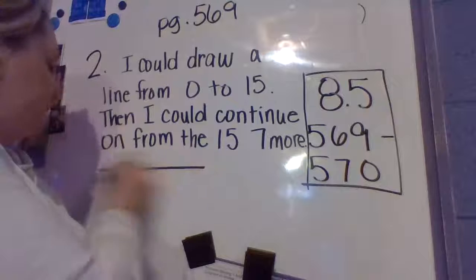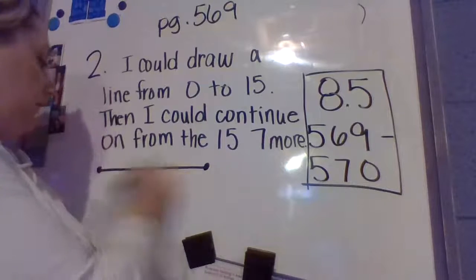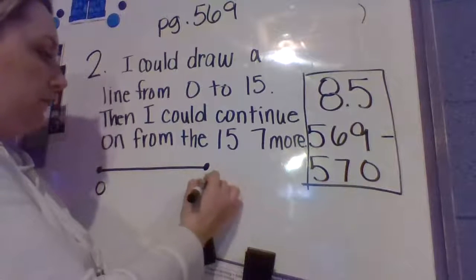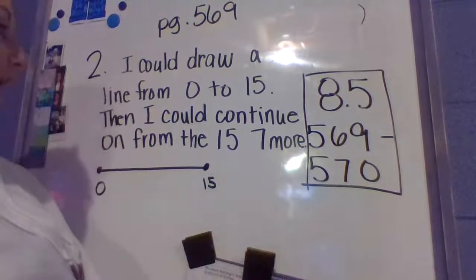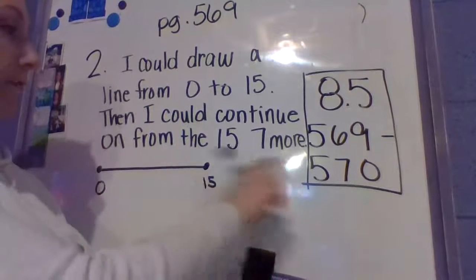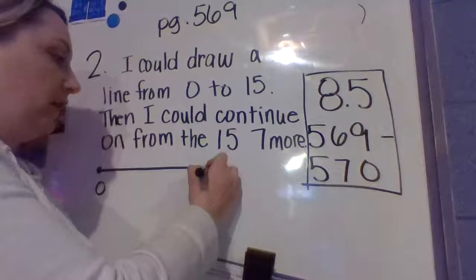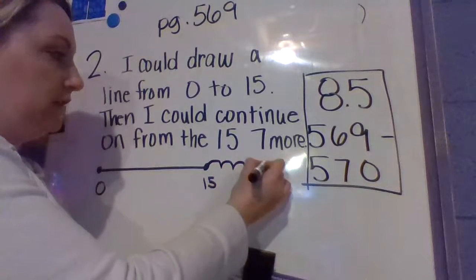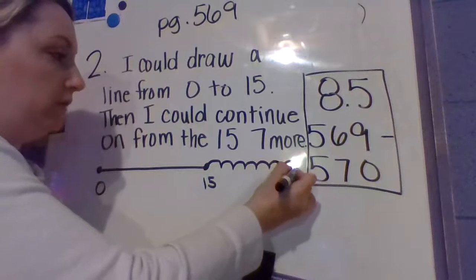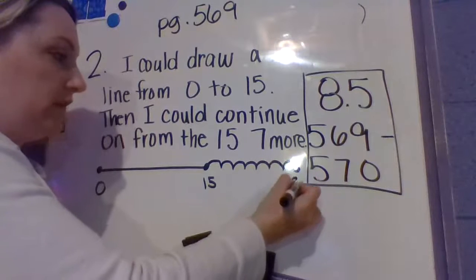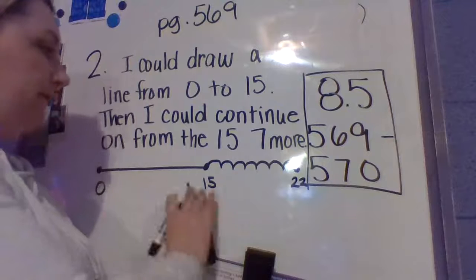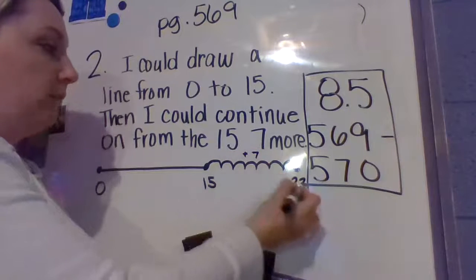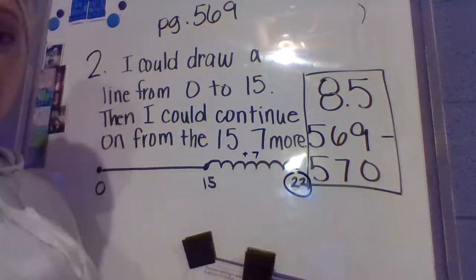So here's my line from 0 to 15. And then I could continue on from 15, 7 more. So I would go 16, 17, 18, 19, 20, 21, 22. And that would take me to 22. So it would be 15 plus 7 more, and I can see that my answer is 22.